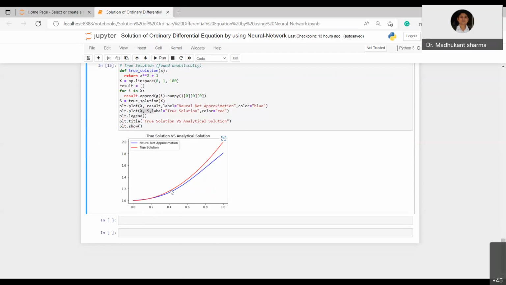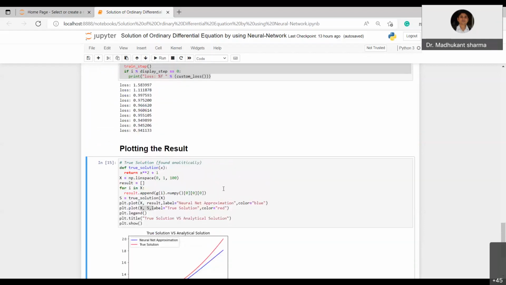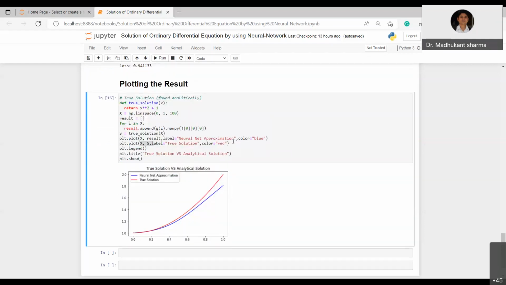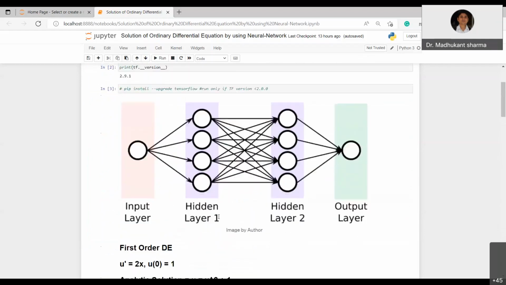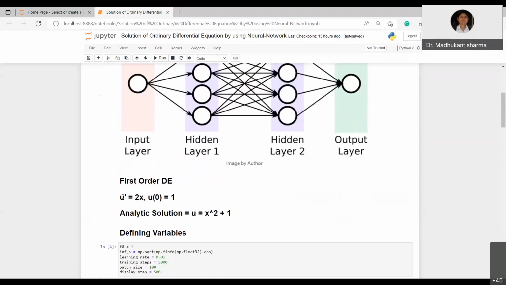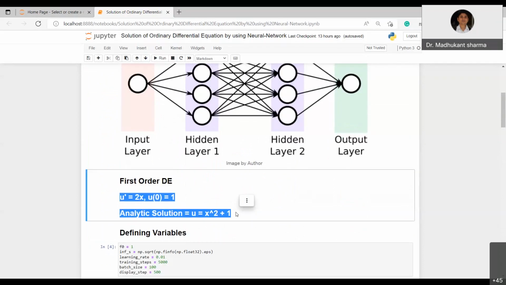After that, a little difference increases, and the loss is maximum here. In this way we always try to solve differential equations by using neural networks. This is the end of the implementation of our simple differential equation, which we have solved using neural networks.